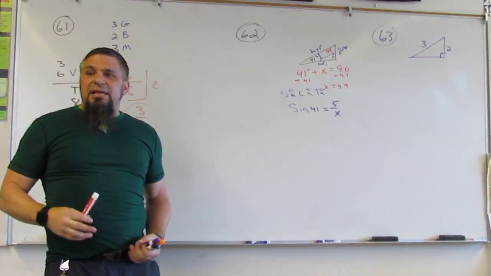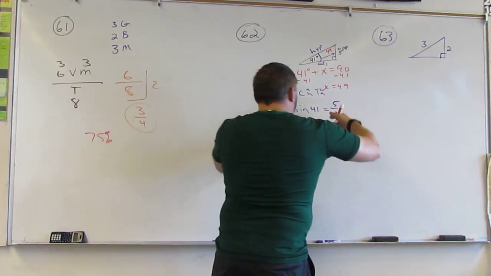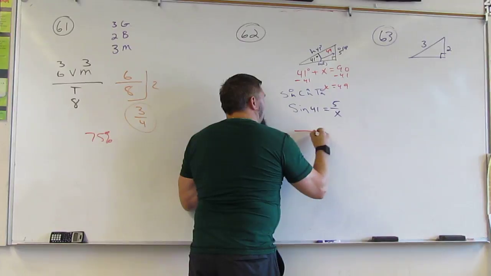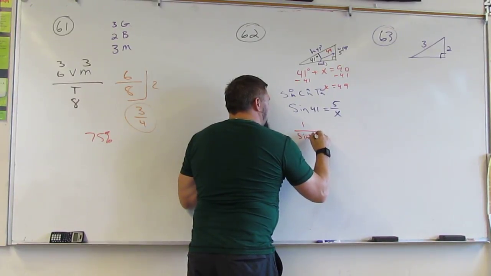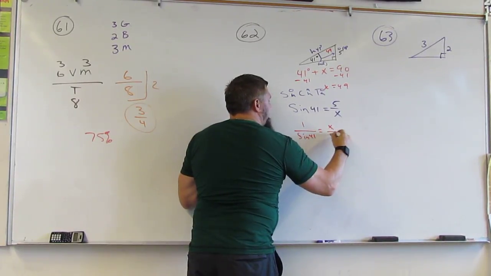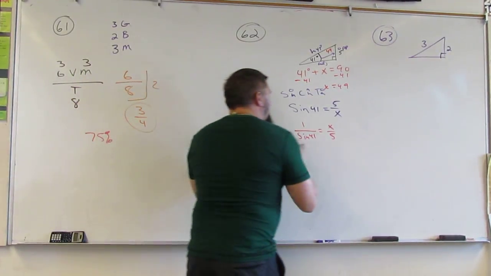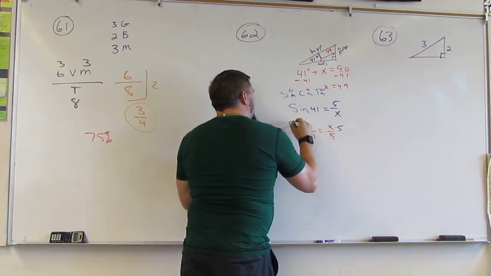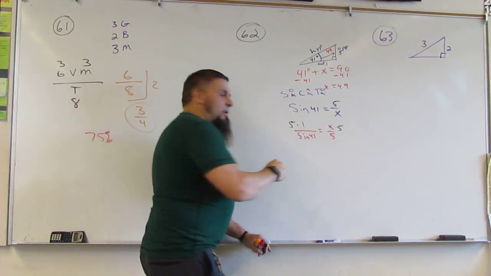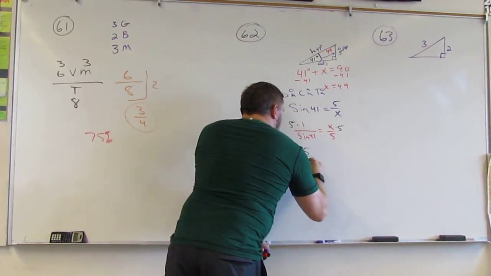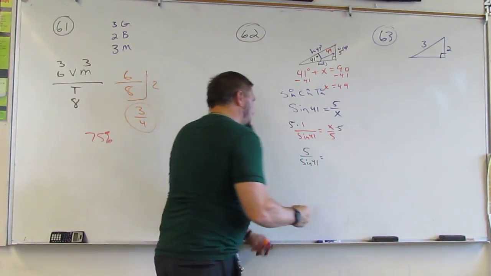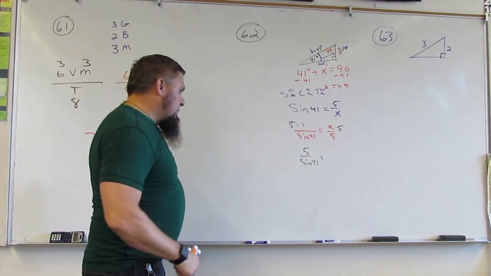Now, in this case, I need to flip it. So 1 over the sine of 41 is equal to x over 5. That makes it a lot easier to solve. So it's 5 times 1, which is 5 over sine of 41. So that equals how much?